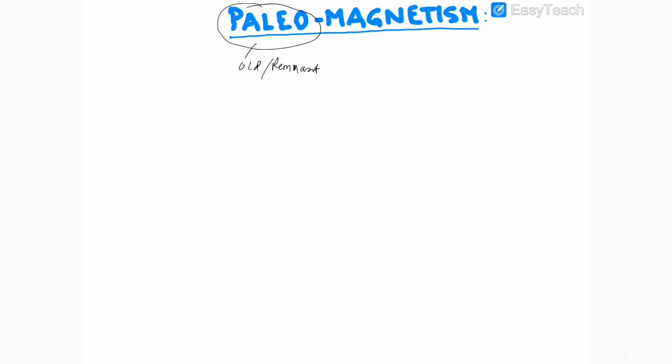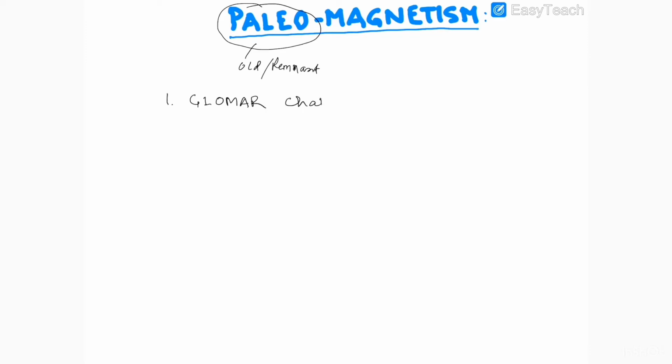let us explore how the scientists came to know about paleomagnetism. See, there were several expeditions made in the ocean to discover the ocean floor. One such expedition was the Glomar Challenger expedition, if you have heard the name before.